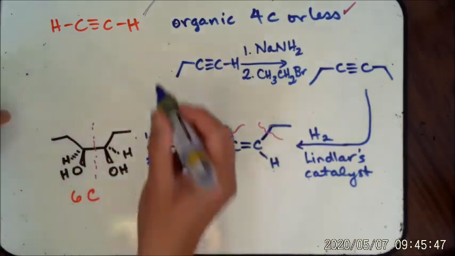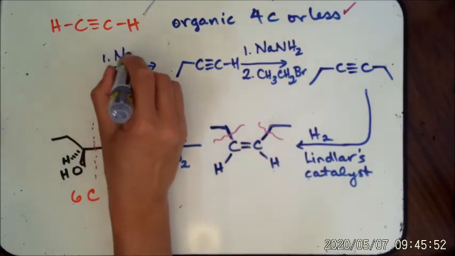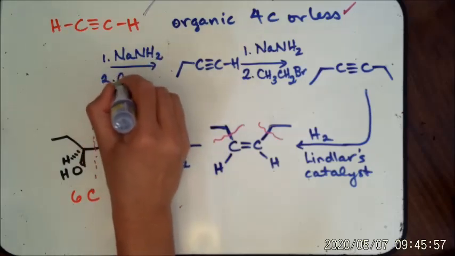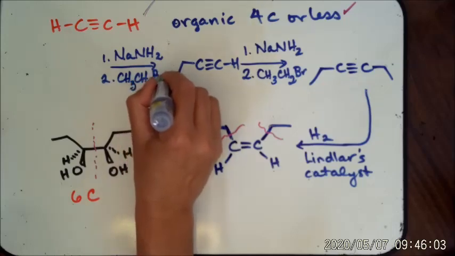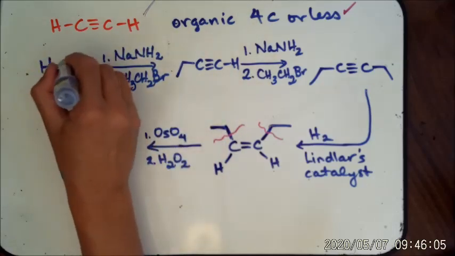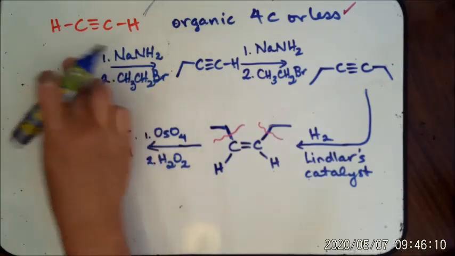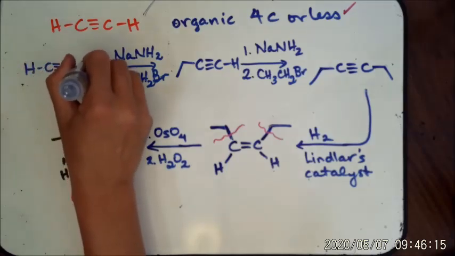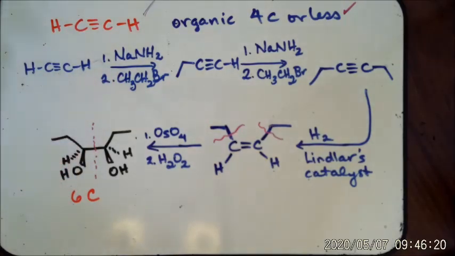How do I get this from acetylene? You do it again. So I use 1 equivalent, remove this one. I get a negative charge, so it's going to kind of repel the base anyway.